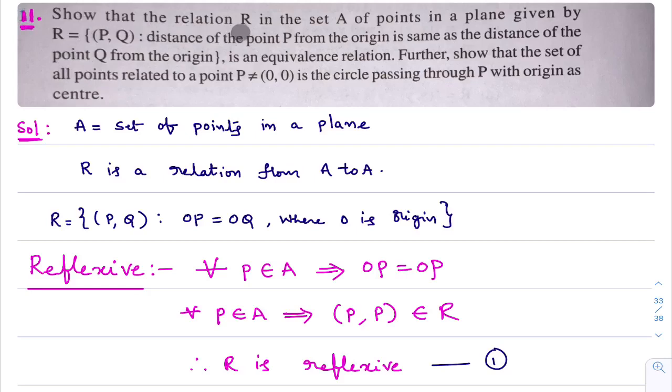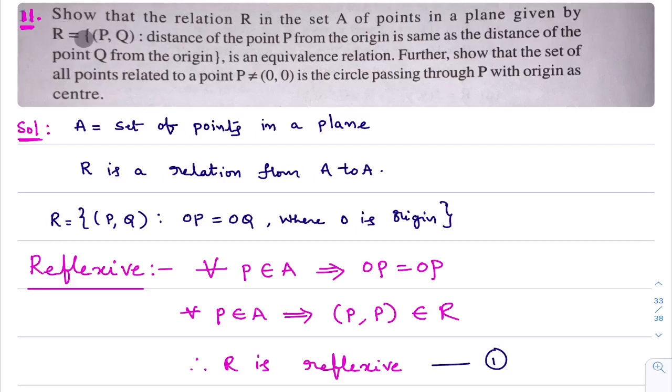Show that the relation R in the set A of points in a plane given by what they are saying. R is a relation in the set A. What is set A? Set A is points in a plane, okay? And how is the relation defined?